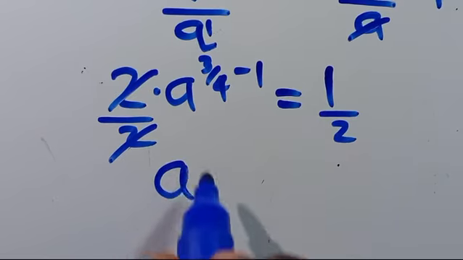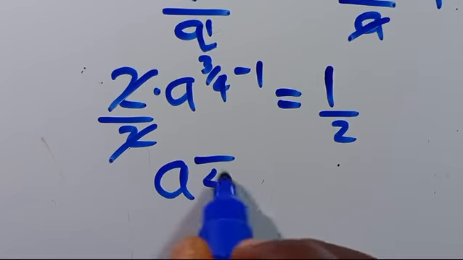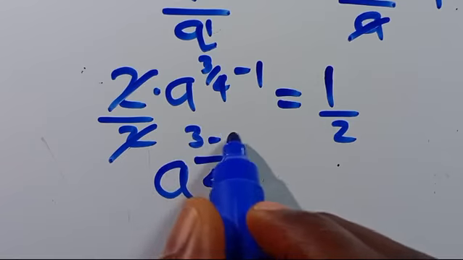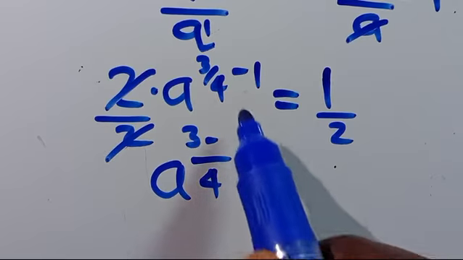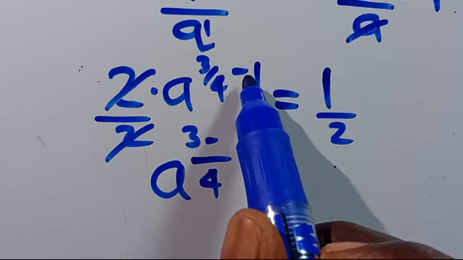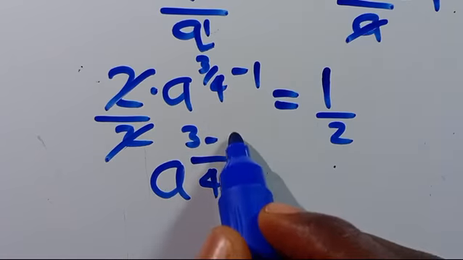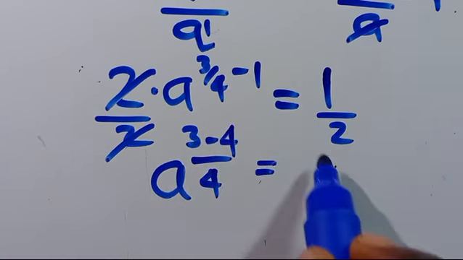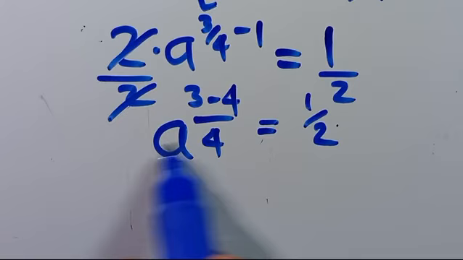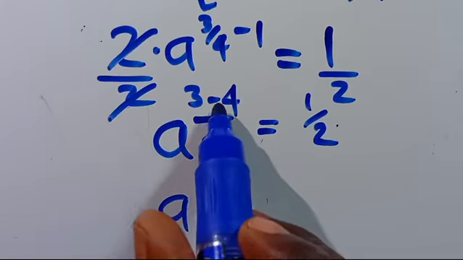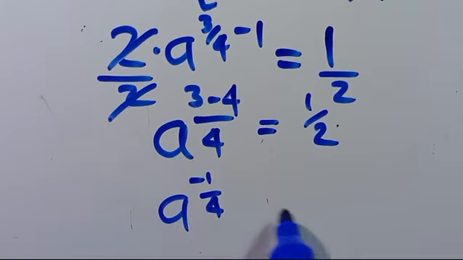Then we have the LCM here to be 4, so this will be 3 minus 4, which is minus 1 over 4, equals 1 over 2. So from here we have a to the power of minus 1 over 4 equals 1 over 2.